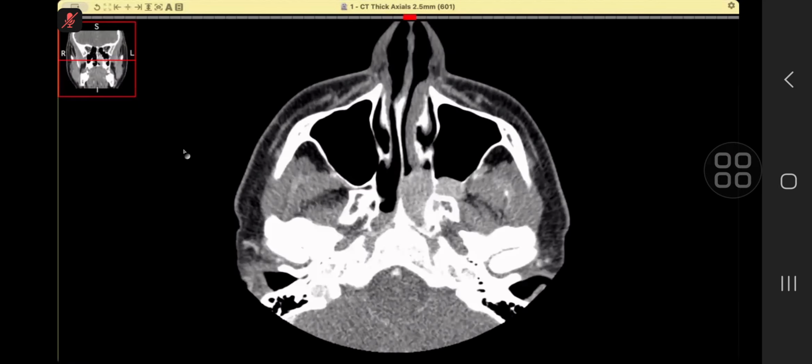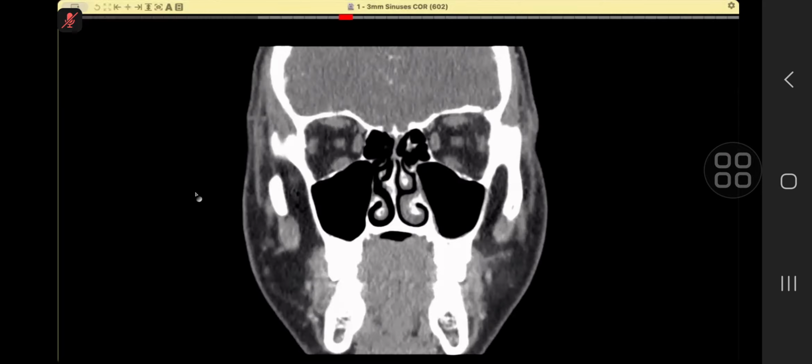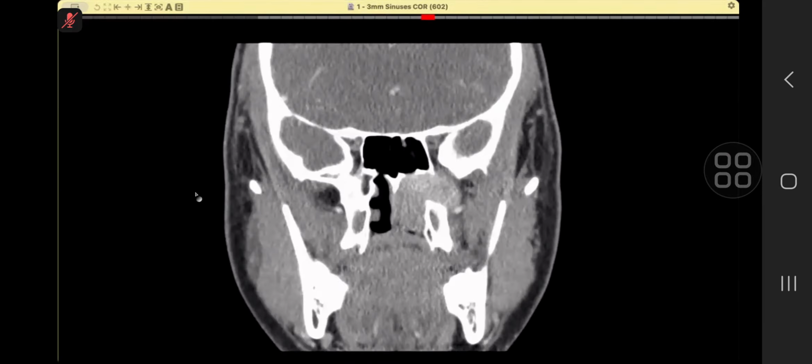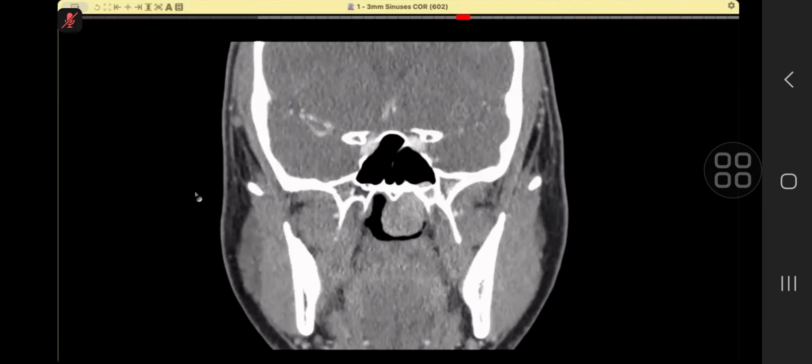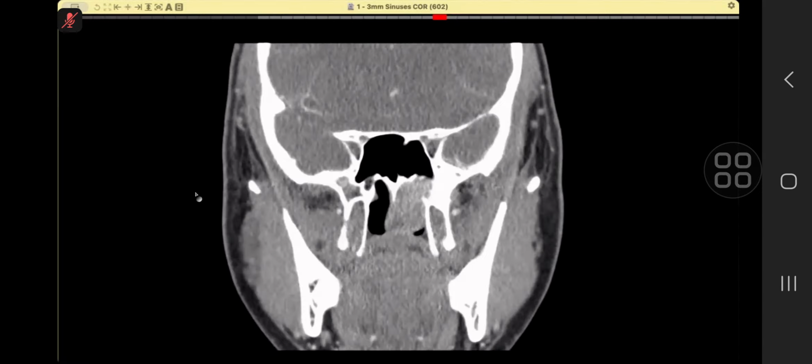It's reaching up to the pterygomaxillary fissure, but not in the infratemporal fossa. Considering the imaging appearance and intense enhancement, I'm thinking of nasal angiofibroma as my first differential.